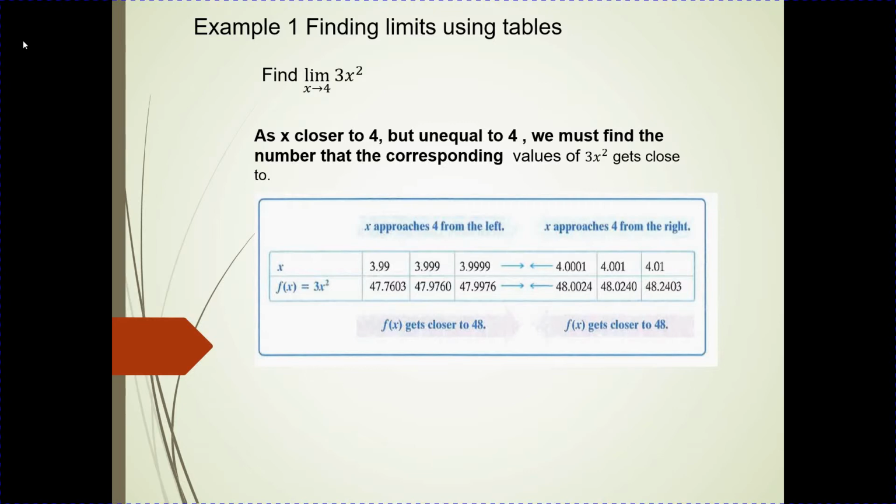That means from the left and from the right: for x values less than 4 but very close to 4, and for x values greater than 4 but very close to 4, f of x, which is 3x squared, gets closer to 48. Therefore, we can say that the limit of 3x squared when x approaches 4 is equal to 48. This is one way that we can find the limit using a table.